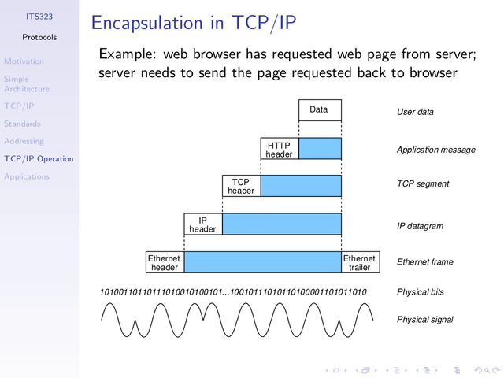Inside this IP header includes the source address of computer B and the destination address of computer A. That is the IP addresses of those two computers. When we send data through the internet, we need to identify where that data is going to, and that's done via an IP address. And that IP address is included in the header here.